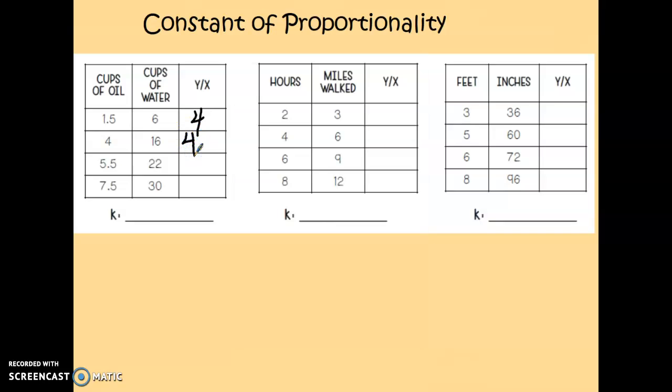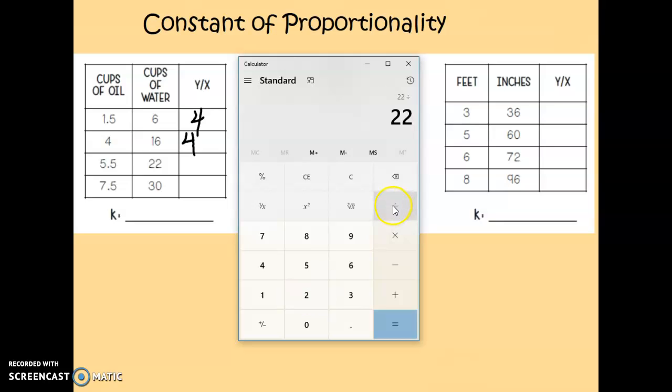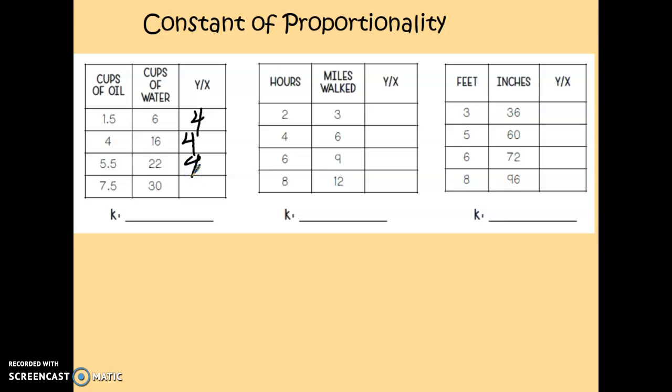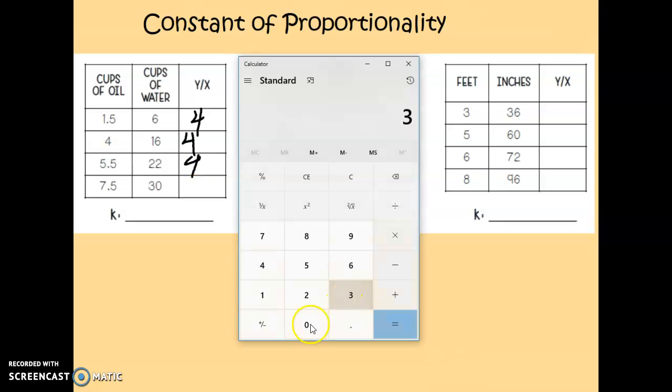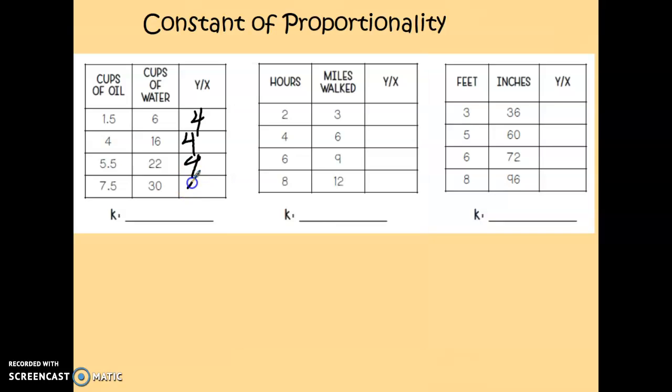I know it's 4. 22 divided by 5.5. 30 divided by 7.5. So this one is proportional because we got the same number each time, and k equals 4.